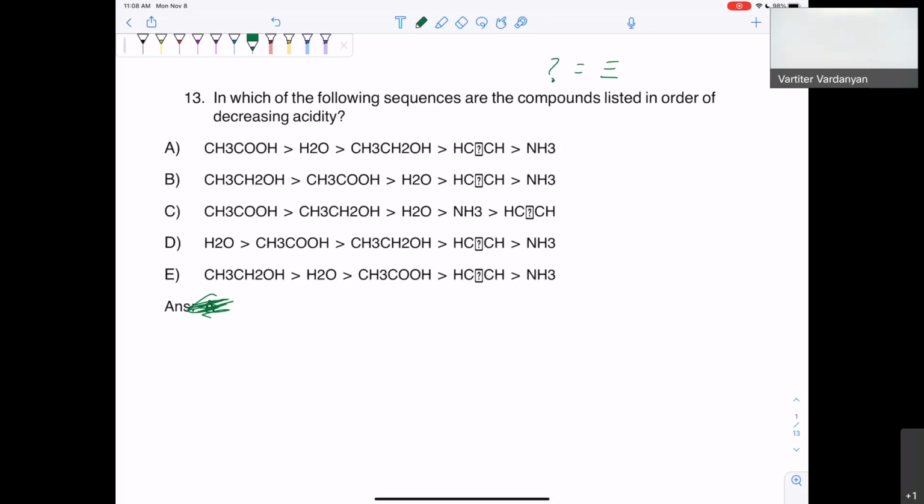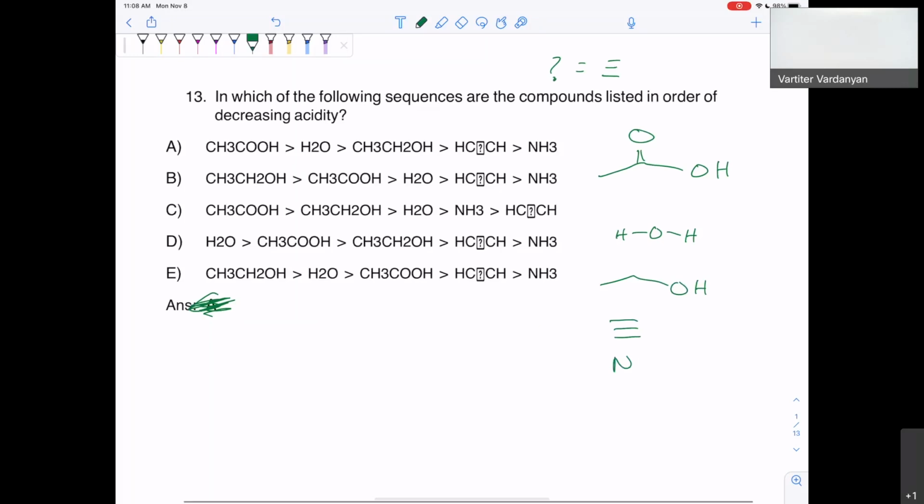So let's draw out all the things that are included here. So we have a carboxylic acid. We have water. We have an alcohol. We have a triple bond. And we have NH3.